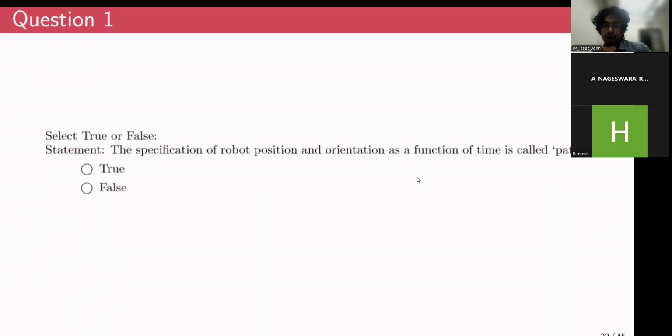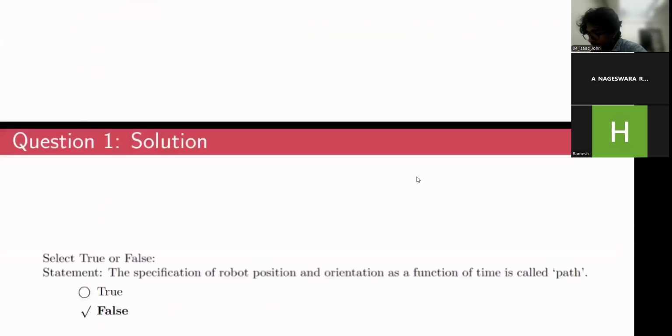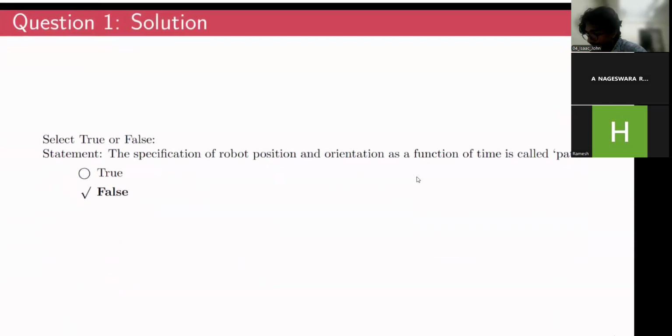Would that be true or false? False. We have been talking all this time about something called trajectory, but the question says path. So obviously that is false. The correct answer would have been trajectory. So that's fairly straightforward.